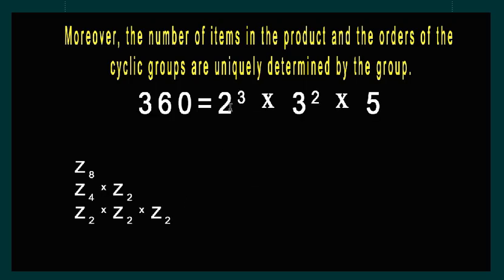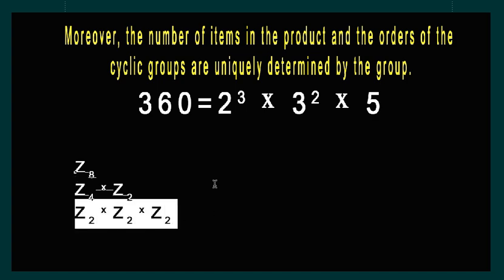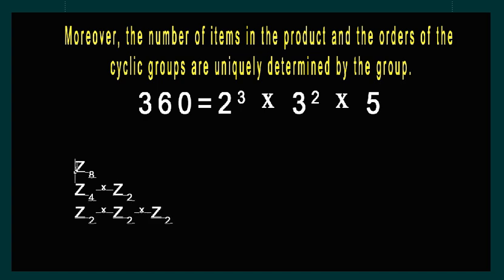So 2 to the third has only 3 ways on how you can express it, which are, okay, the first way is Z sub 8, and then Z sub 4 times Z sub 2, and then Z sub 2 times Z sub 2 times Z sub 2. As you can see, it is aligned to the power itself, uniquely determined by the group by means of its power. So there are 3 ways that you can group them.